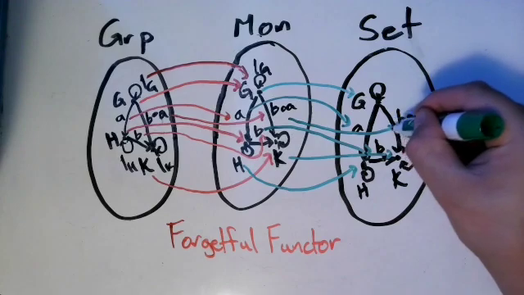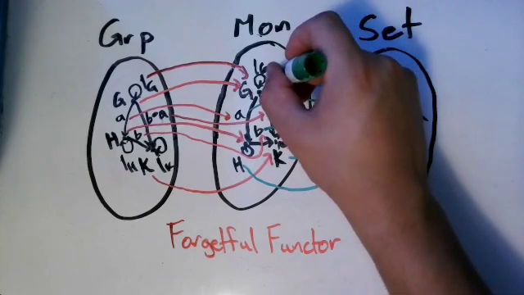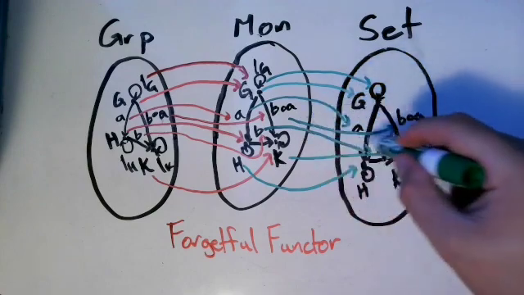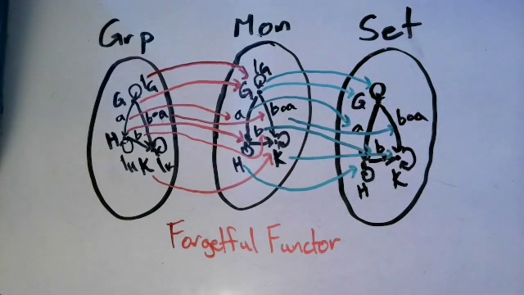Of course, again, identities will map to identities and compositions will map to compositions.